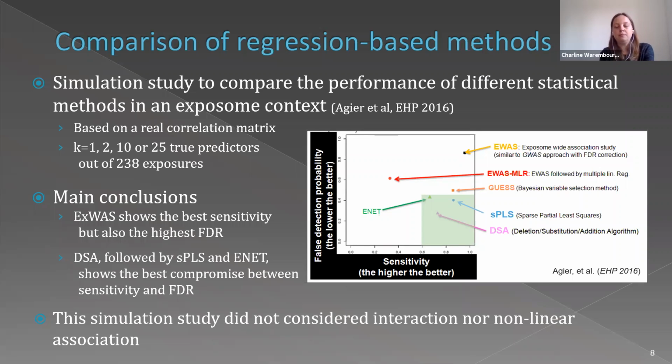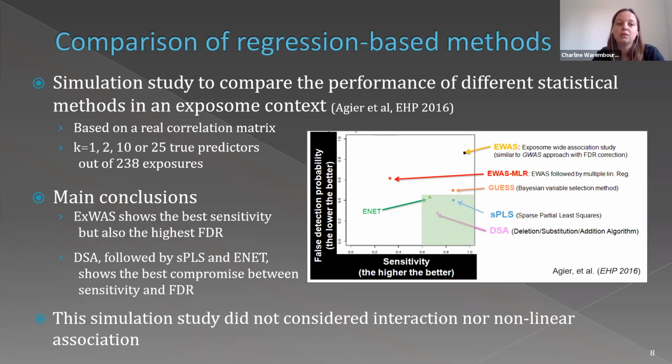So in the ELIX project, what we have done first is to perform a simulation study to compare the performance of these different statistical methods in the exposome context. And this simulation study was based on a real correlation matrix from the INMA cohort and explored different scenarios, including a scenario where we expected 1 to 10 and 25 true predictors among more than 200 exposures.